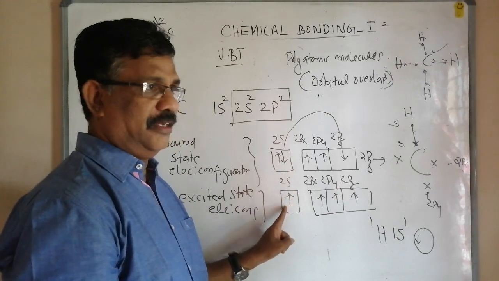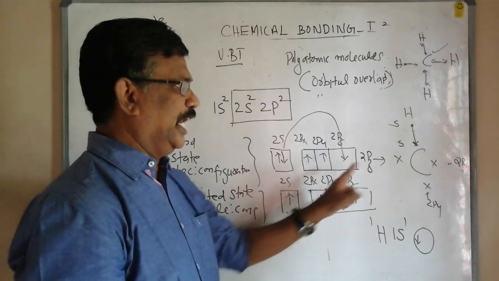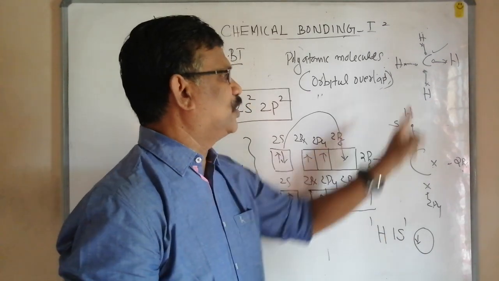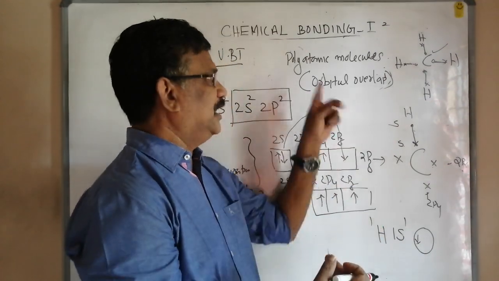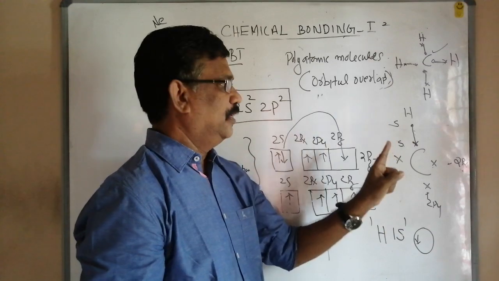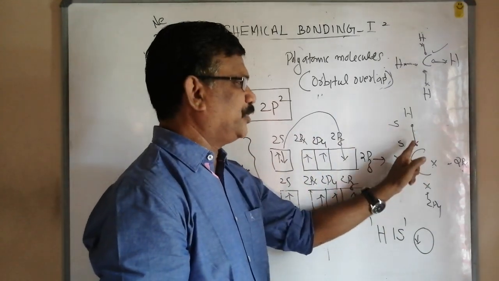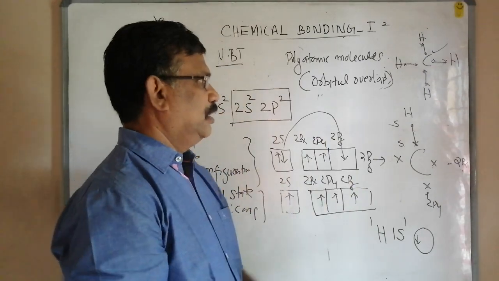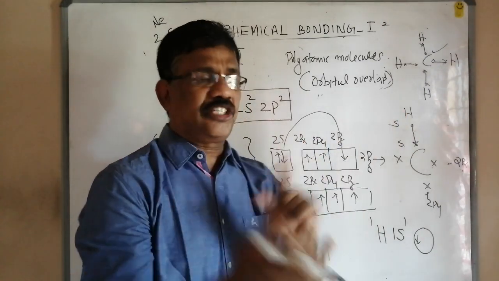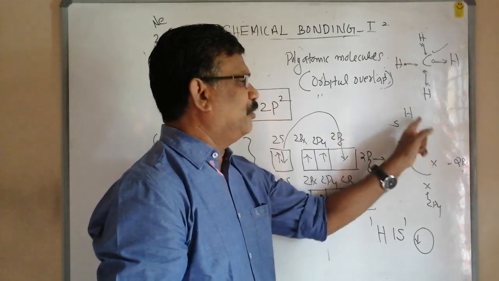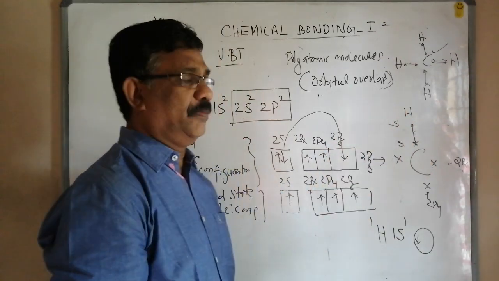Hydrogen, carbon in the excited state, s1 electron. The H atom with the s1 electron approaches. In the theory of orbital overlap, carbon atom comes with its s1 electron, hydrogen atom comes with its s1 electron, and an overlapping is formed, a covalent bond is formed by s-s overlapping.